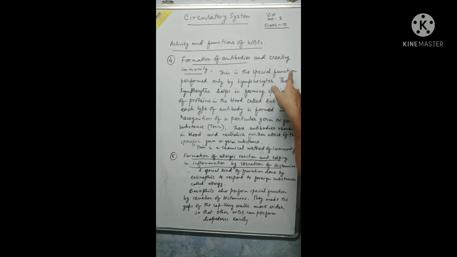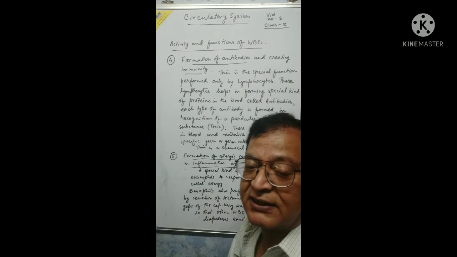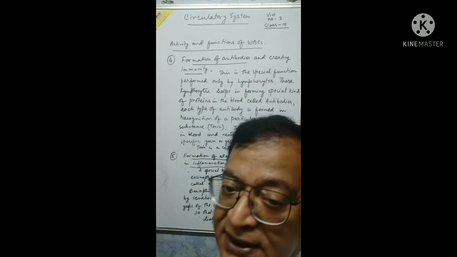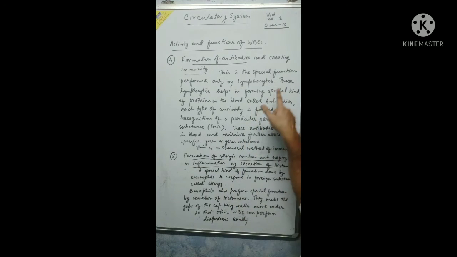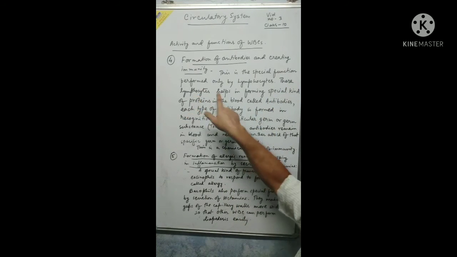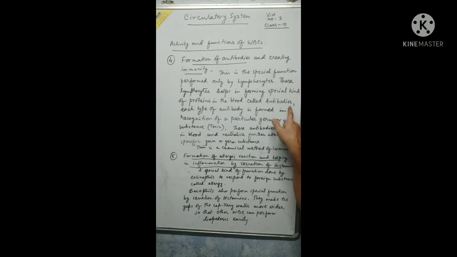This is the special function performed only by lymphocytes. Lymphocytes are the ones who are forming this immunity by producing antibodies. These lymphocytes help in forming special kind of proteins in the blood called antibodies.